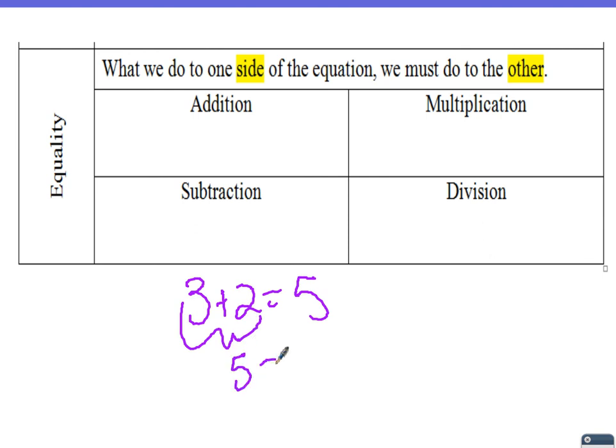So I've got equal here, right? Well, let's say I want to add 4 to both sides. So I add 4 here, and I add 4 here. All of these numbers still equal. 4 plus 3 is 7, plus 2 gives me 9, and 5 plus 4 equals 9.